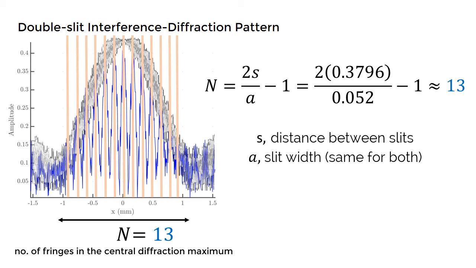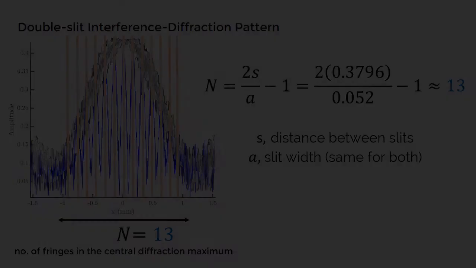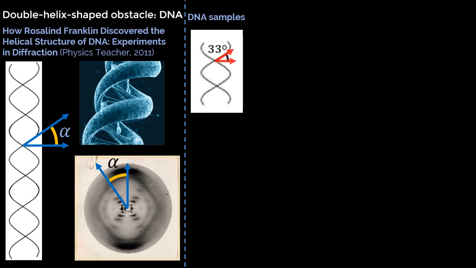Finally, as a special application of diffraction, we use a double helix shaped obstacle, which is the structure of the DNA. According to a journal paper, the pitch of the helix strands should be equal to the pitch of its corresponding diffraction pattern as shown. We verify this by constructing two DNA samples, one with pitch equal to 33 degrees and the other with pitch equal to 20 degrees.